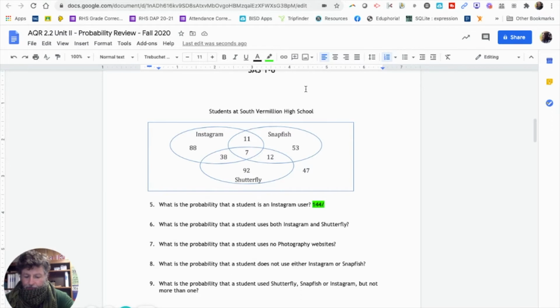Oh, I did something wrong here. Let's start that over. 88 plus 11 plus 7 plus 38 is 144 plus 7. Oh, I already got the 7 in there. I can't add 7 twice. Plus the 12 plus the 53 plus the 92 plus the 47. 348. So our probability is 144 over 348, which could be reduced because they're both divisible by 2.